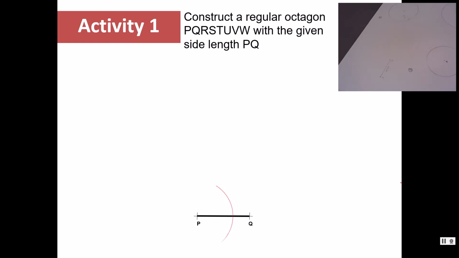First of all, you need to find the midpoint of PQ in order to construct a perpendicular line.